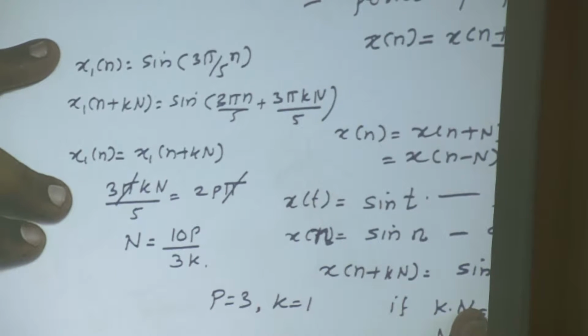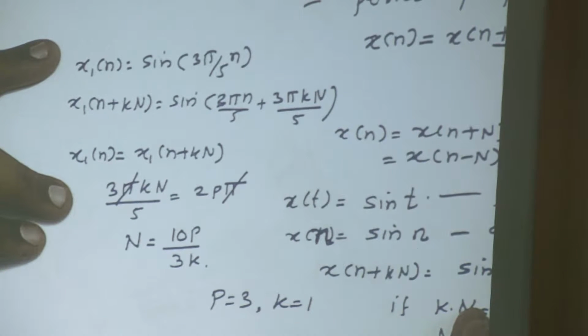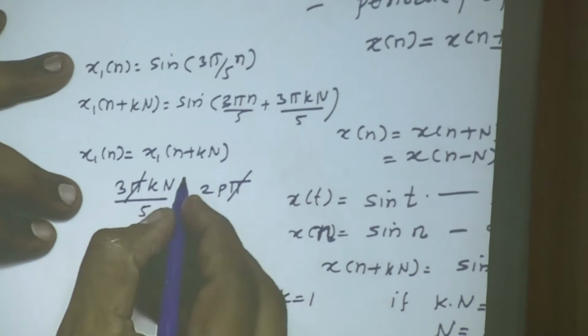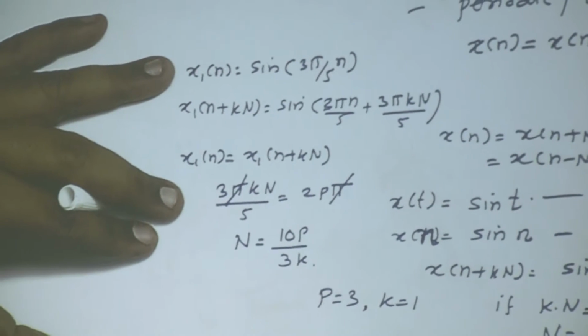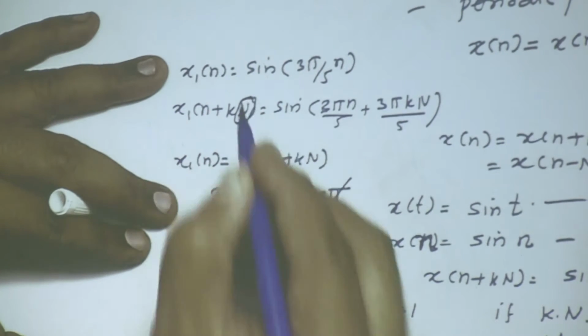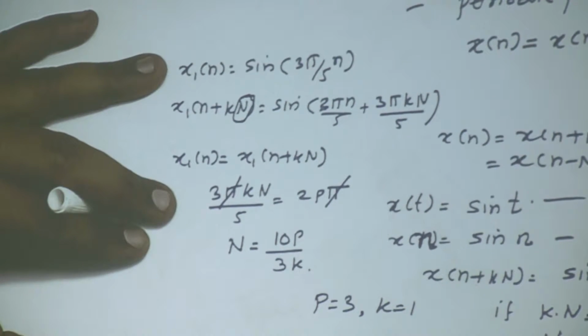K is equal to 10 and p is equal to 3. Then also you get an integer. Okay? All sorts of values. What we need to find out is, when you say that a signal is periodic, you are supposed to find out the minimum value of n, the minimum value of n for which it is periodic.